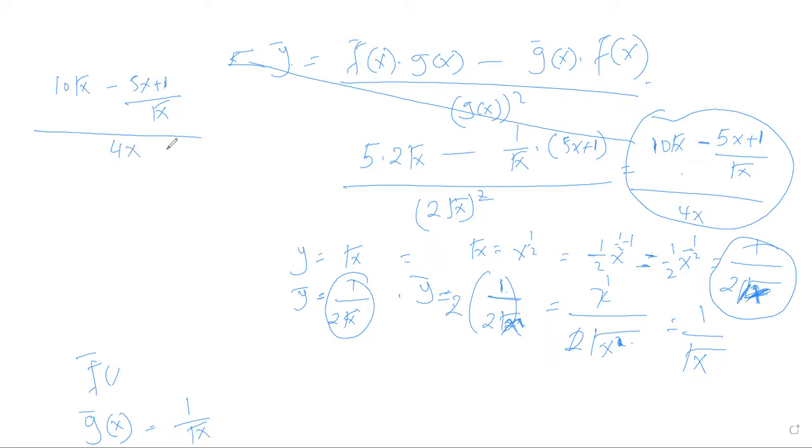I've written the same thing so that I can separate this one. How will I separate? It will be 10 root of x divided by 4x, minus again 5x plus 1 divided by, multiplying these to each other, my friend, 4x times root of x.